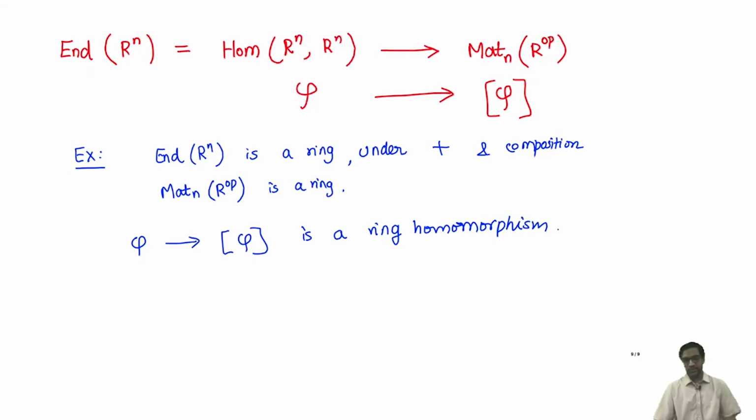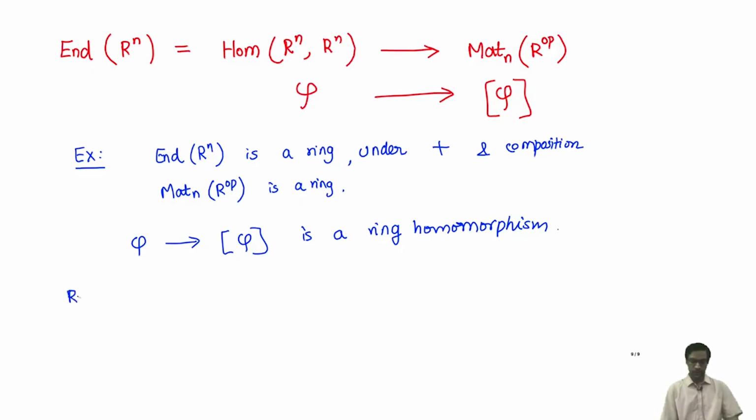The only thing really to check is that the multiplication is respected on the two sides, but that was really the point that we spent a lot of time over, which is that when I take two homomorphisms phi and psi, the composition of psi and phi goes to the product of the two matrices, except that I should think that the entries come from R op and not from R. Okay.